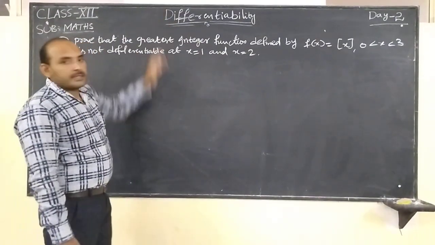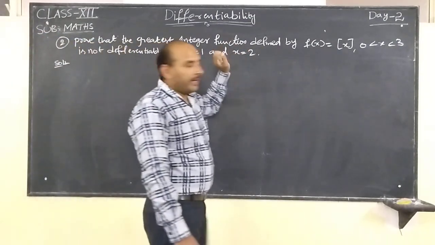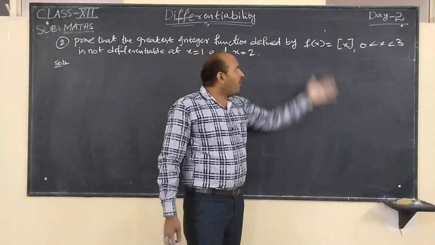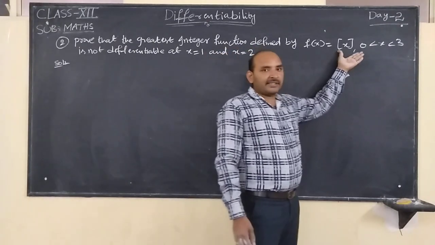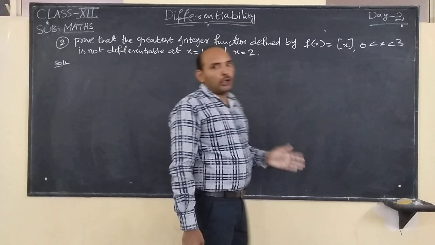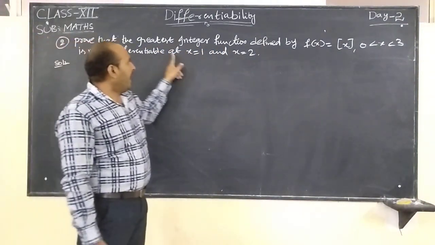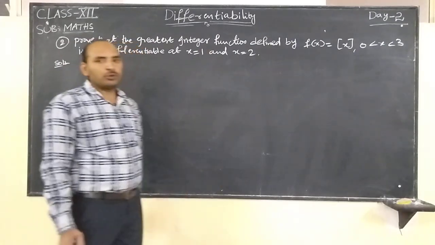So now, second problem. Prove that the greatest integer function defined by f of x is equal to step x, for x in the open interval 0 to 3, is not differentiable at x is equal to 1 and x is equal to 2.